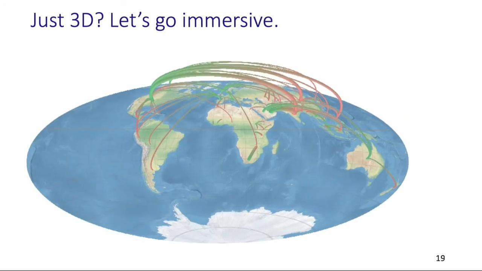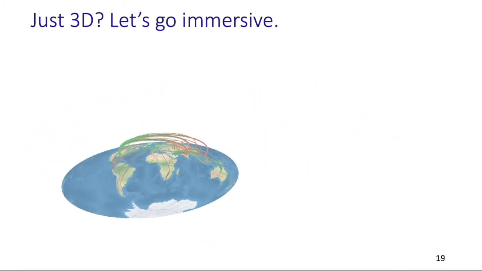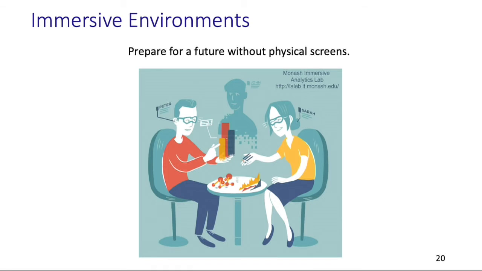So we bring the flow maps into immersive environments. Another motivation of this research is the preparation for a future without physical screens. With rapidly developing techniques like VR and AR, we may no longer need any physical screens in the future. As demonstrated in this figure, in such a case, how should we visualize data in the space around us?